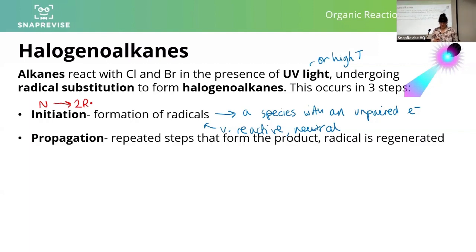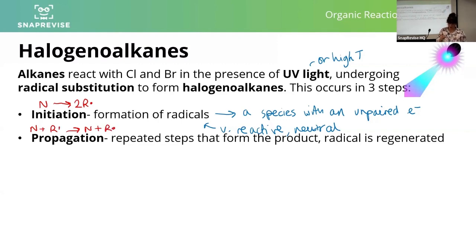The next step is propagation. Propagation is continuing radical formation. So it's taking a radical, reacting it with something to create a radical and something else. So propagation steps must start with a normal species and a radical species and create a normal species and a radical species.